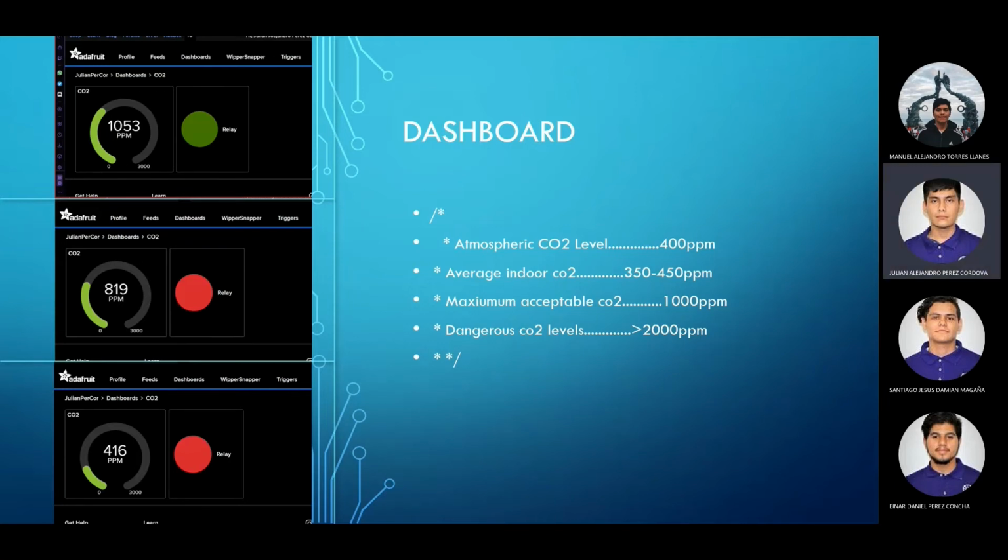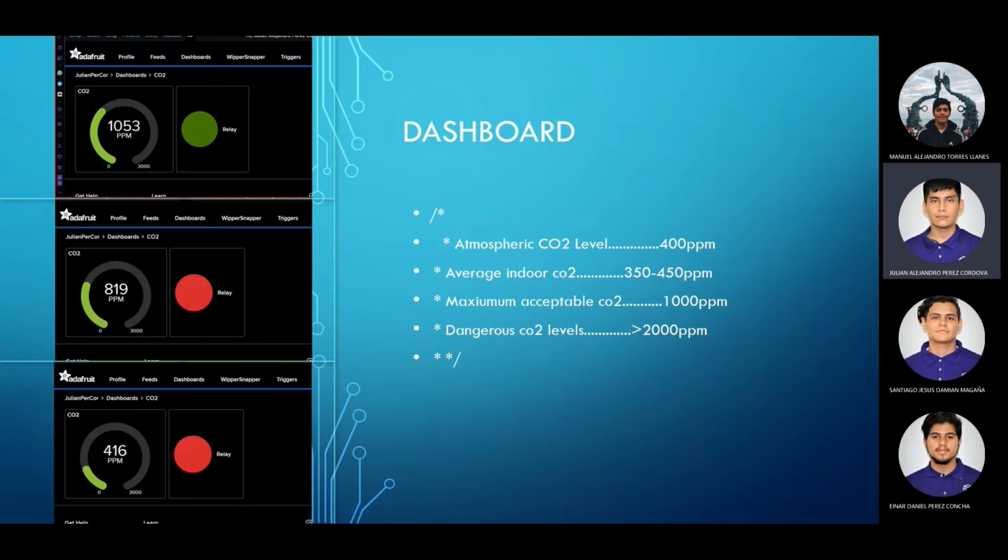Normal atmospheric CO2 levels are 400 ppm, average indoor CO2 levels are from 350 to 450 ppm, and the maximum acceptable CO2 level is 1000 ppm.